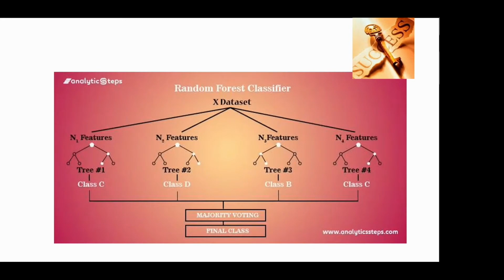The final class will be class C, that the data item belongs to class C. Two decision trees are generating the prediction about the data item C.